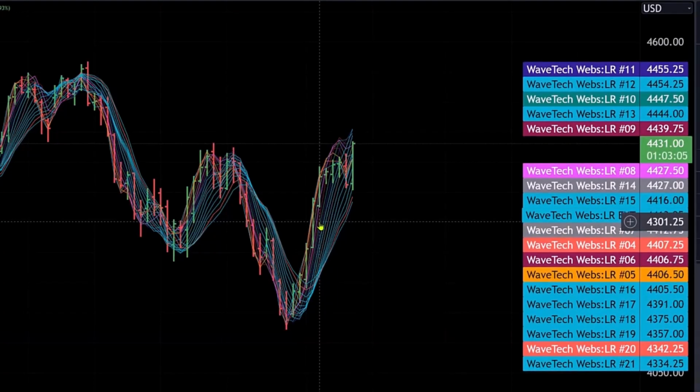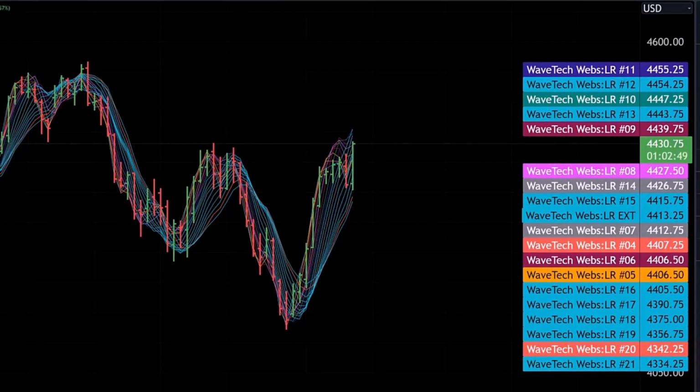So let's take a look at, as I mentioned earlier, when you're looking at the webs, there's a lot of information here. Linear regressions have been popular around the markets for a long time. The background on this indicator is that all I was trying to do is, when the markets were getting to extremes, there were no Fibonacci numbers. There was nothing to try to figure out what was likely to happen, whether the market was starting to top out or whatever.